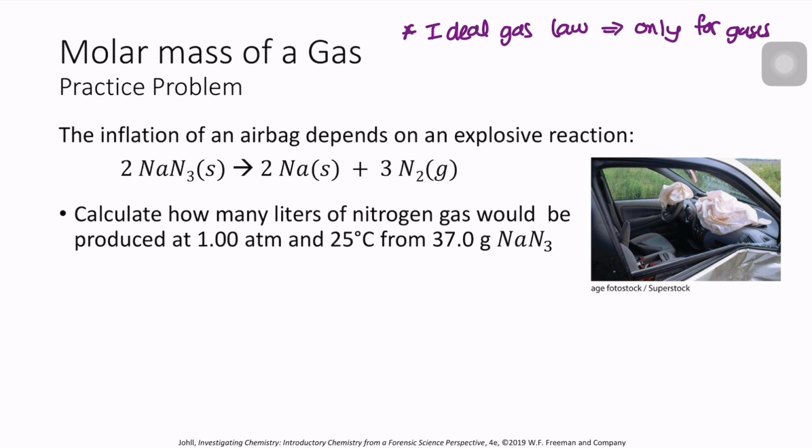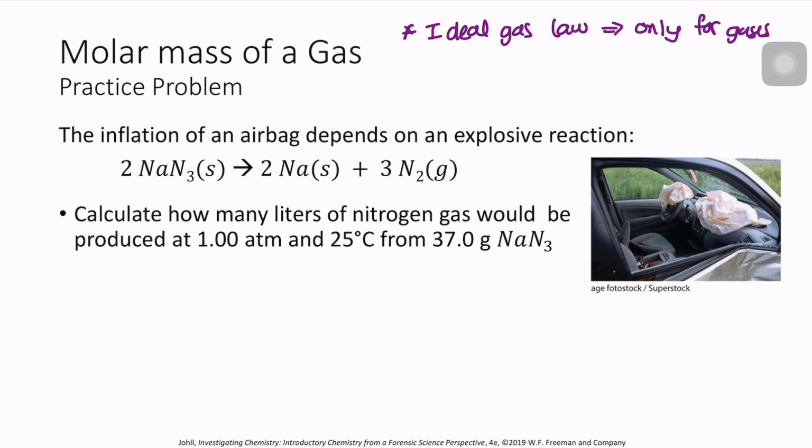So what I can do is calculate the number of moles of sodium azide, use my mole to mole ratio to solve for the moles of nitrogen, and then plug that into the ideal gas law.